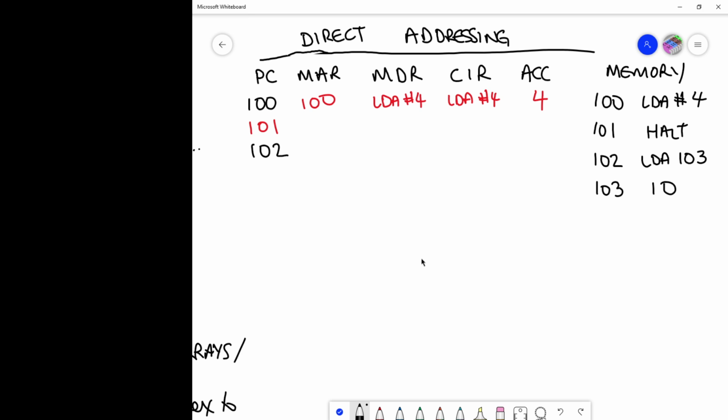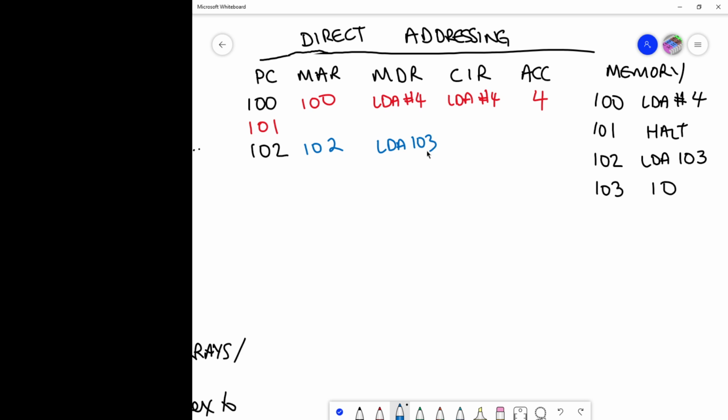So we do our fetch. I'll do this one in blue. We put the program counter in the memory address register, because that's how we fetch data, by selecting the location first. We then do a read. It comes across the data bus and arrives at the memory data register.